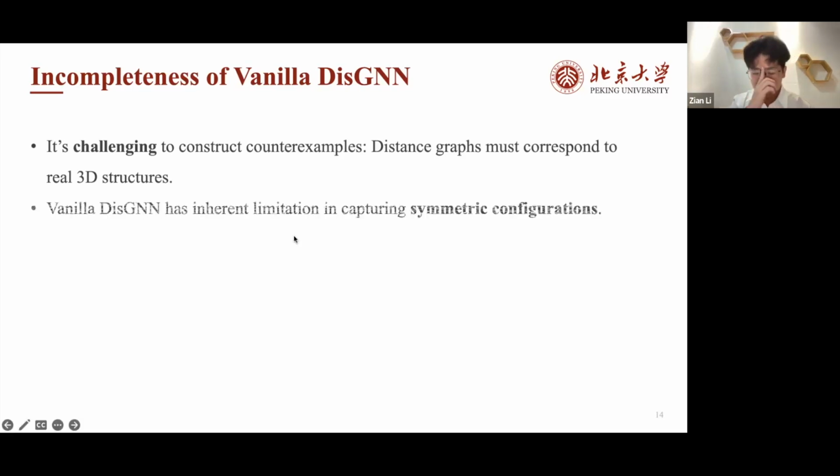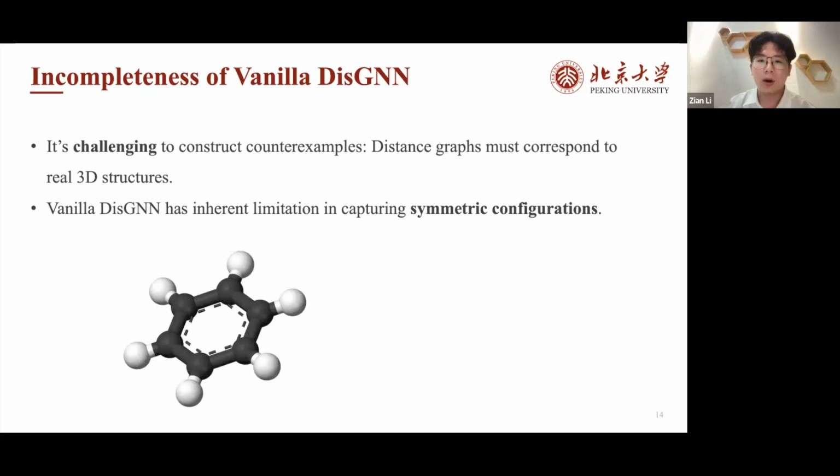And to summarize, our counterexamples showed the inherent limitation of vanilla DisGNN to capture symmetric configurations. This is important because symmetric structures are very commonly seen in real-life graphs. For example, this is benzene, and there are 2 rings which are very symmetric, and this is aspirin.